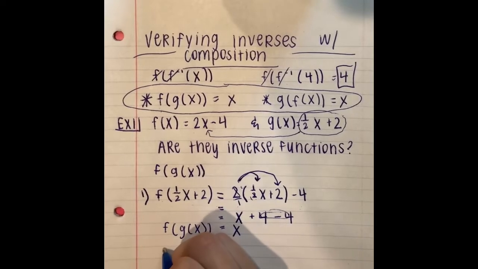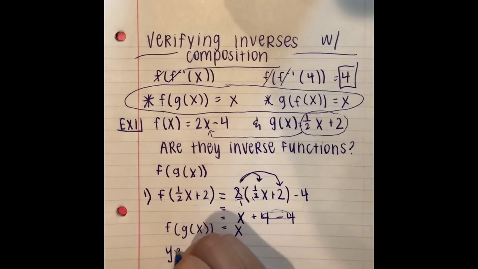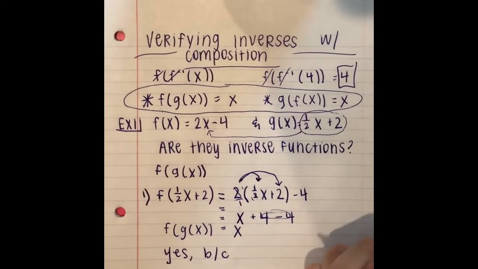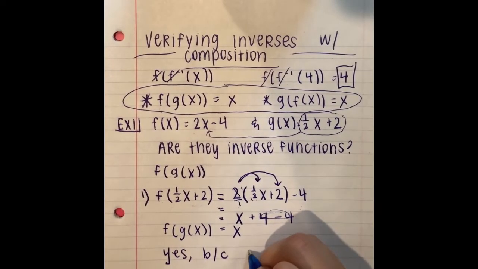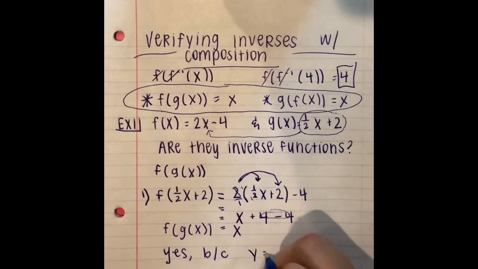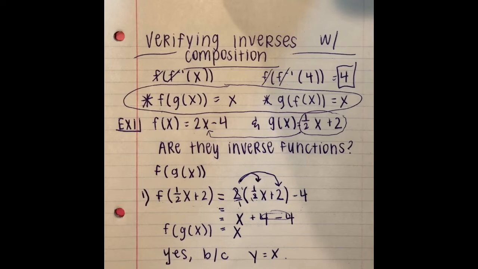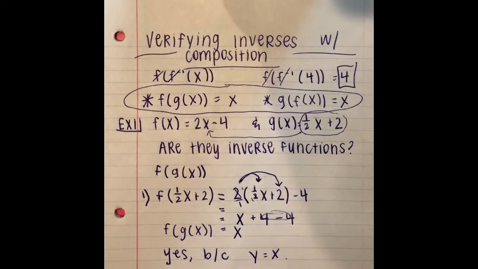The way they like to write the answer is they would say yes, they are inverses because y equals x. Okay, why? Why did they put y and not f of g of x?